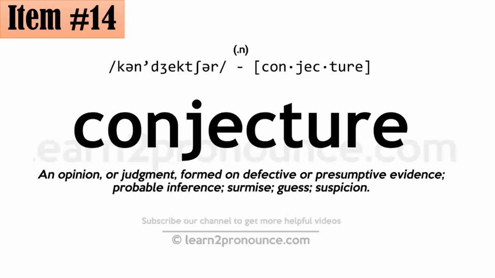When we say conjecture, it's an opinion or judgment formed on defective or presumptive evidence. Probable inference, surmise, it's a guess or suspicion as well. So in mathematics, particularly in mathematical investigation, a conjecture is a formula or a possible solution to your problem. Letter B.